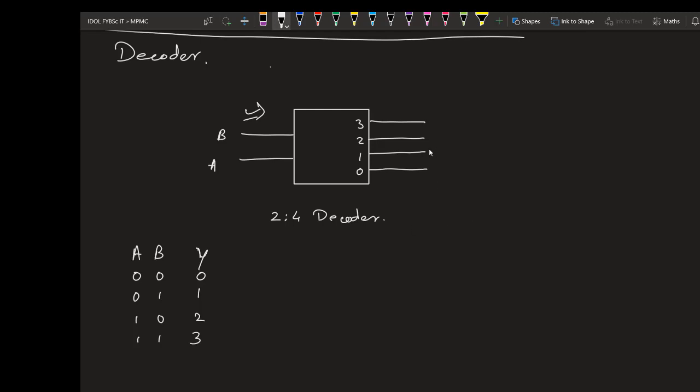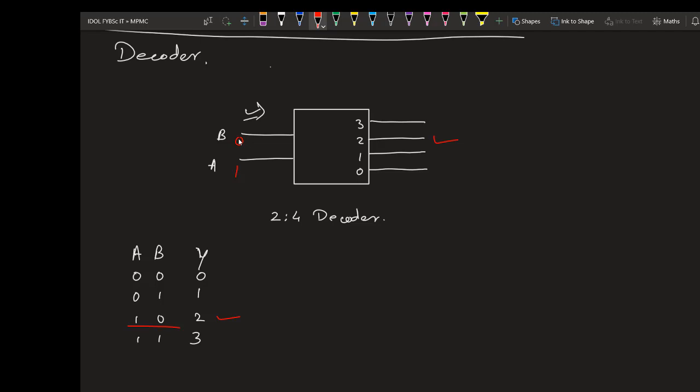When the output line 2 is activated, it means the signal at the input must be this: my input A will be 1 and input B will be 0. That is what it means. And now I'll write the statement. I'll dictate it: a decoder is a logic circuit that identifies each combination of the signal present at its input. I hope this part is clear to you.